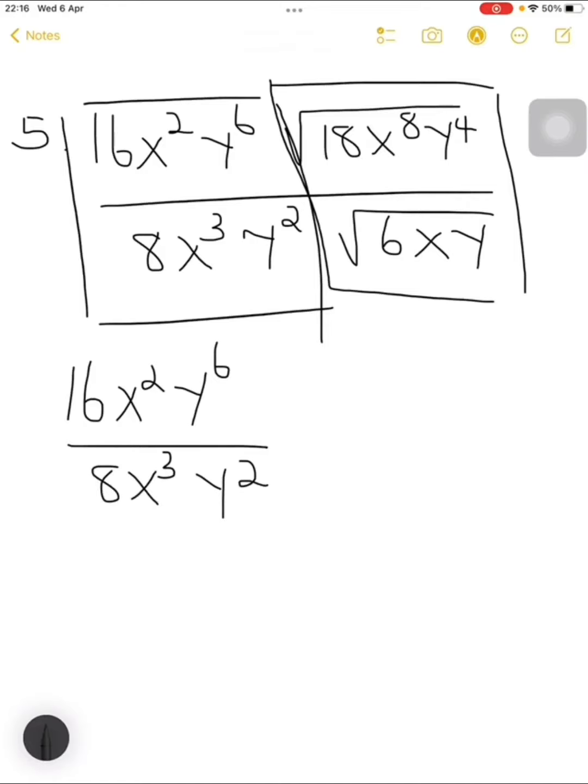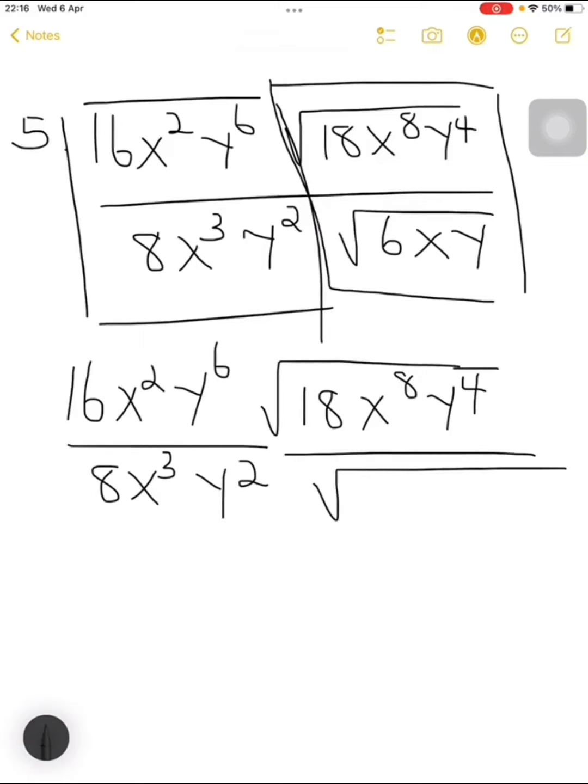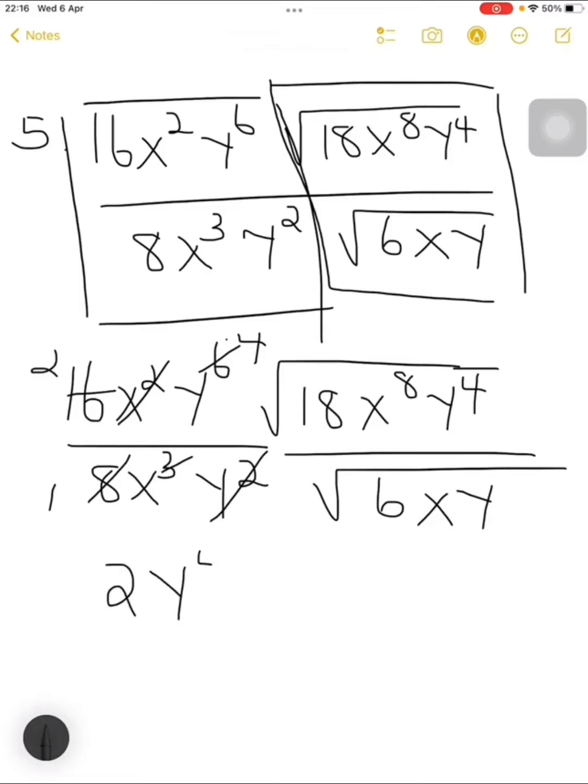We also have this other part, the square root of 18 x power 8 y power 4 divided by square root of 6xy. Because here we can cancel, and here we'll have power 4, and here we'll only have x. So after simplifying this first part, we are going to have 2 y power 4 all over x.